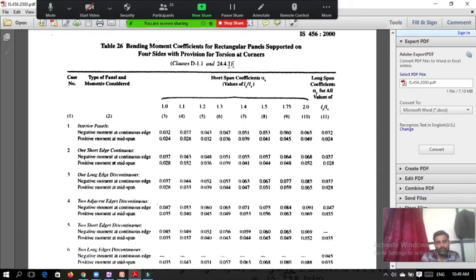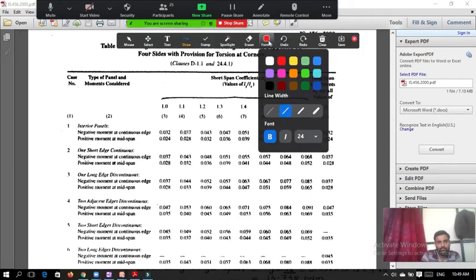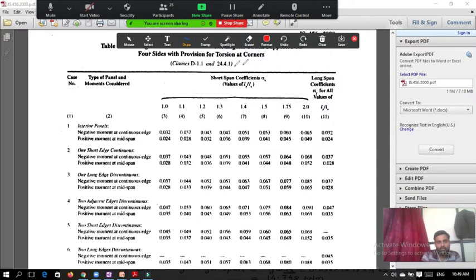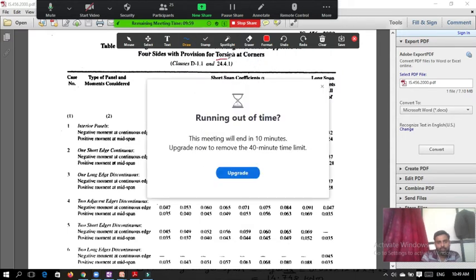Okay, so we need to use this table when in our two-way slab problem it is told to us that the torsion is provided at the corners.